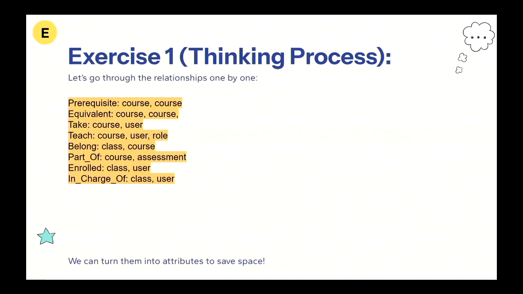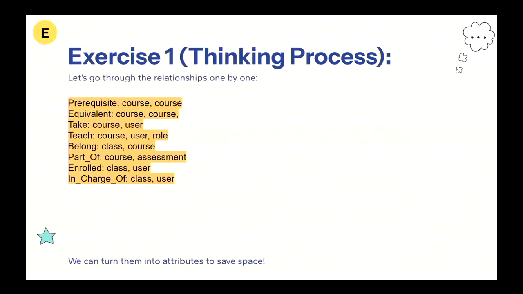So what about equivalent? Actually, this is also a many-to-many relationship. A course could be equivalent to many other courses. So this is not suitable for optimization here. What about take?